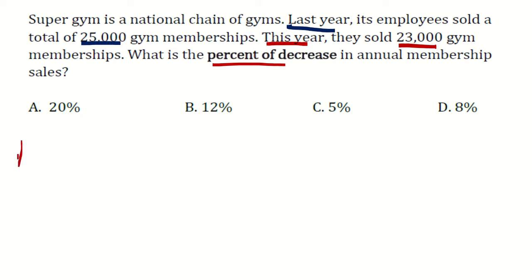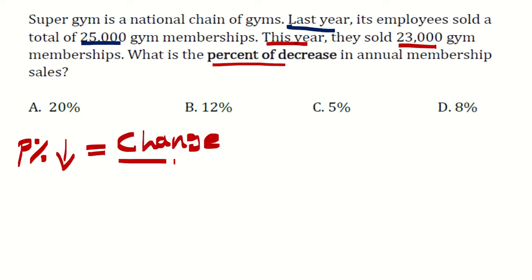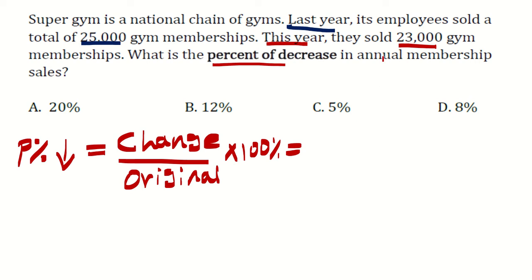So remember the formula. The percentage increase or decrease, this time it's decrease, the formula is the same. It is change over original, then multiply with 100%. So let's do it. The change means we'll take the difference, 25,000 minus 23,000.